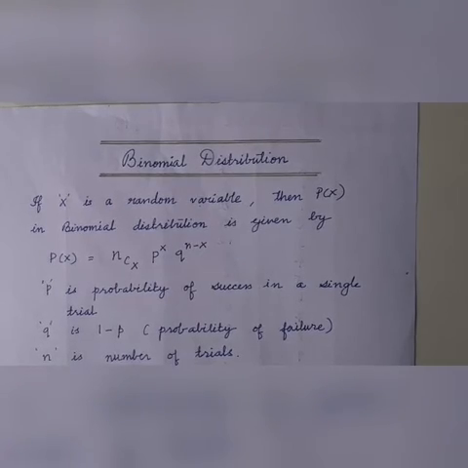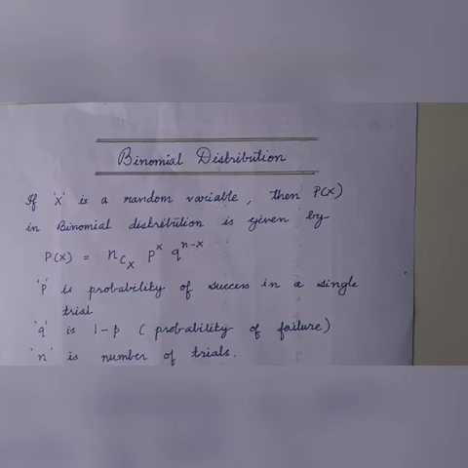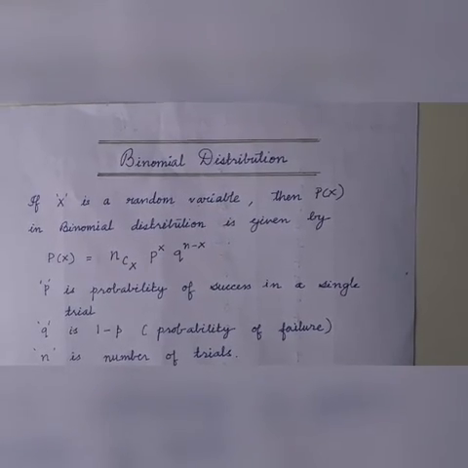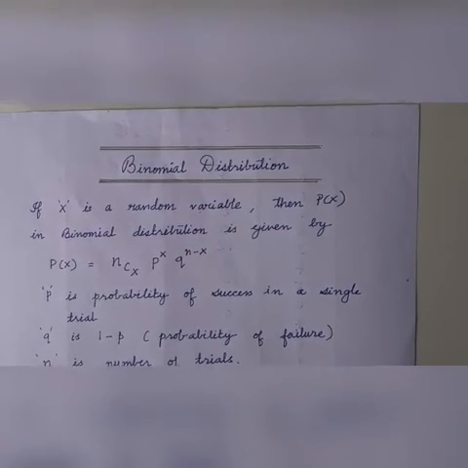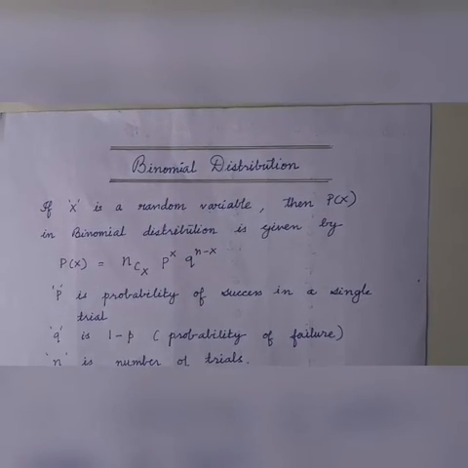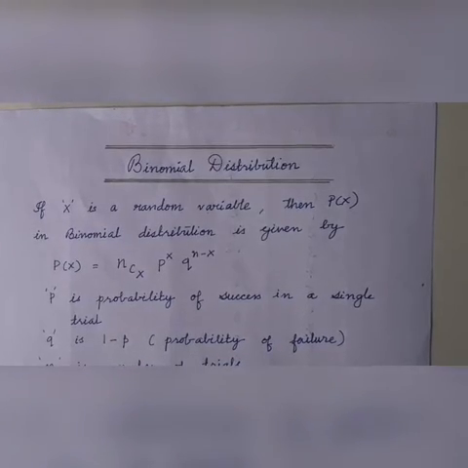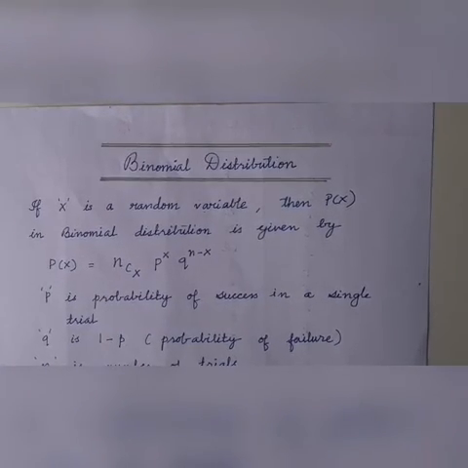If a random variable x takes a value which is continuous in nature, then we call that random variable a continuous random variable, and we use it in normal distribution. So let us start with binomial distribution now.